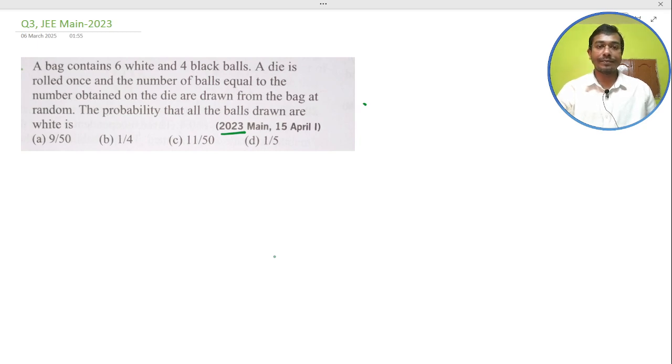The probability that all the balls drawn are white is what? Try yourself first and give me feedback with the answers. Here you have to use Bayes theorem or conditional probability. I just give a hint to you.